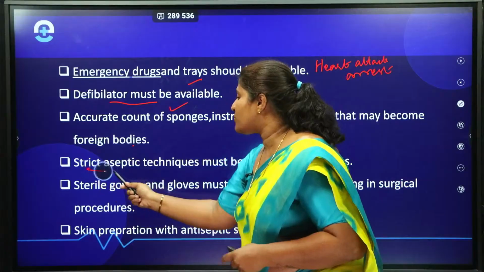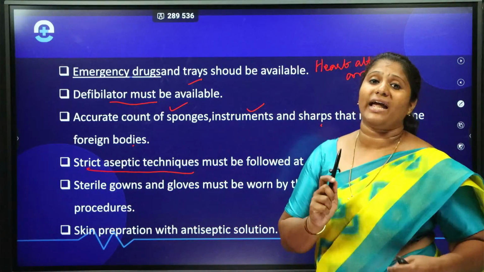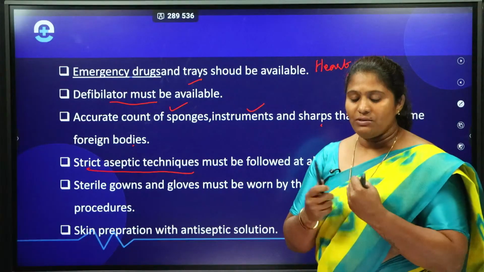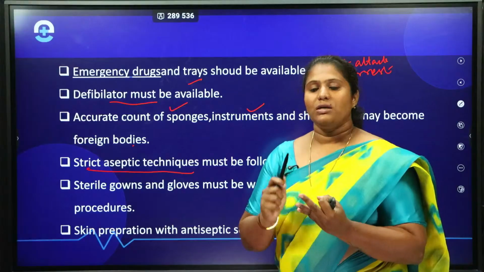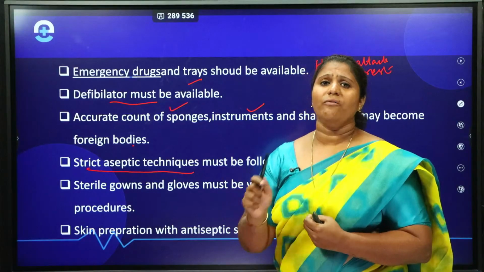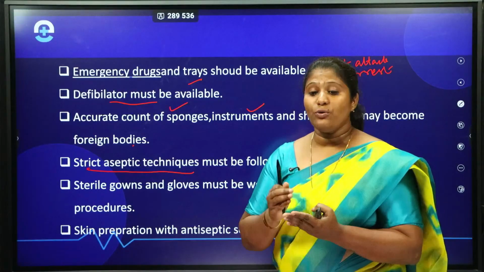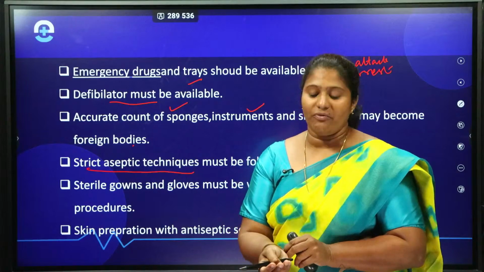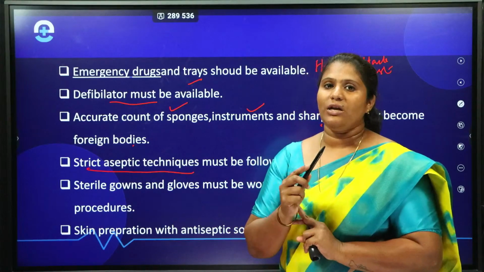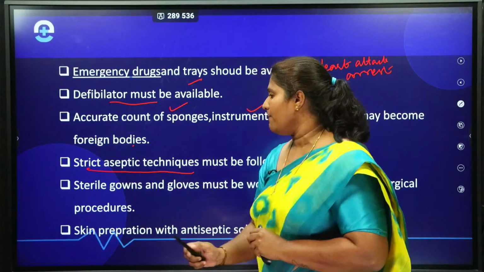Then strict aseptic technique. We always need to go for the aseptic technique, because as nurses we need to use hand washing, gloves, gown, all the PPE with the hand washing technique. We are going inside and giving care to the patient, so we need to reduce the risk factors. So aseptic technique has to be maintained.